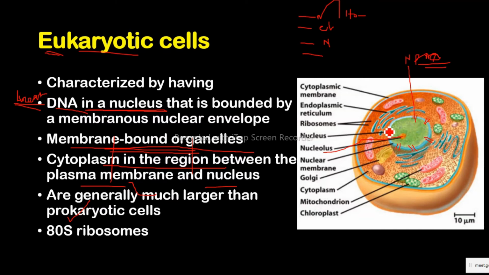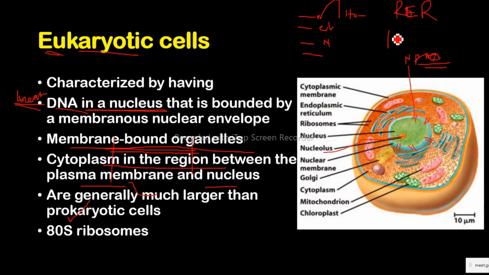We talked about it. The nuclear envelope is continuous with the endoplasmic reticulum. It forms a continuous membrane system with the endoplasmic reticulum. And the endoplasmic reticulum is divided into two. We have the rough endoplasmic reticulum.